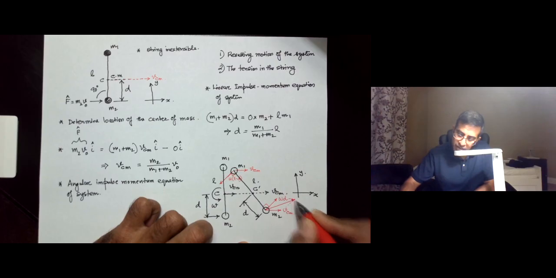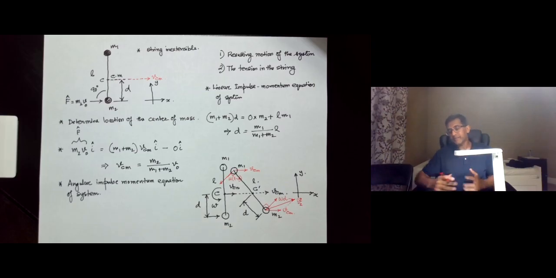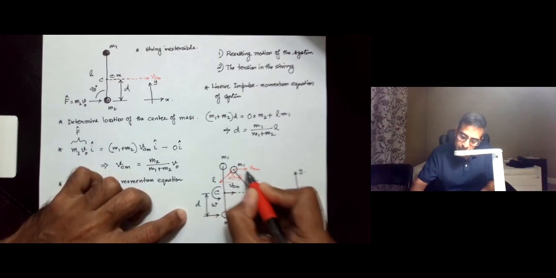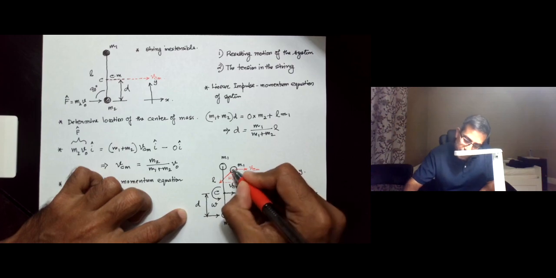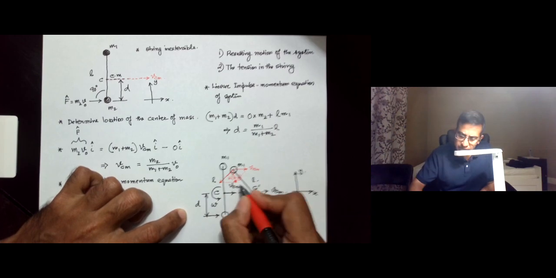That's going to be the resultant velocity. So this is going to be V2 at an instant after the impulse has been applied. Similarly, M1 is going to have a resultant velocity like this, V1.